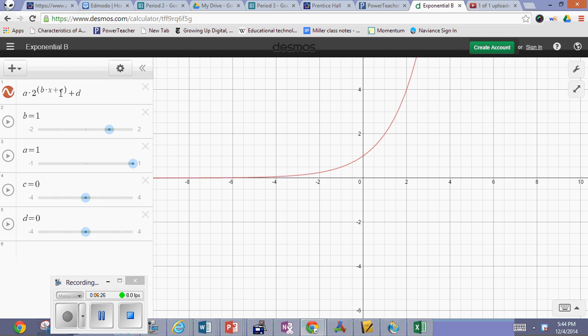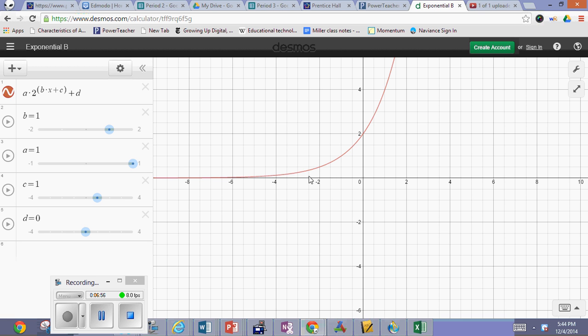If now I say I want to make this 2 to the x plus 1, that is, I'm replacing x with x plus 1, okay? So if I say x plus 1, make that c value 1, then what have I done? If now the c value is 1 and the new function is 2 to the x plus 1, I've moved my graph back 1 unit.